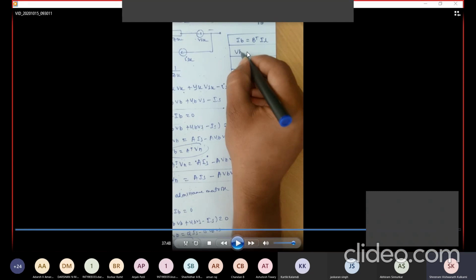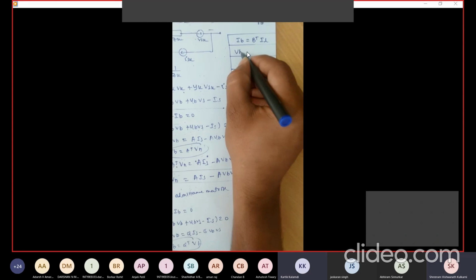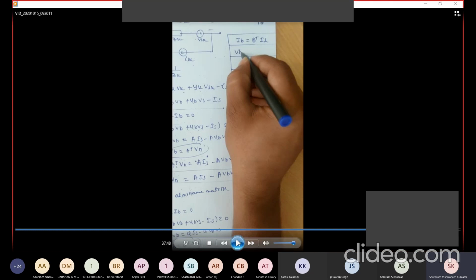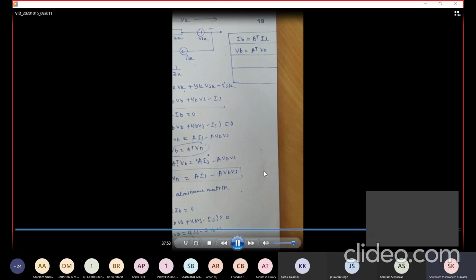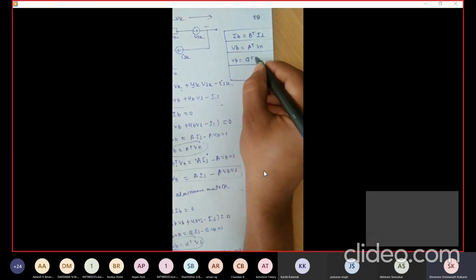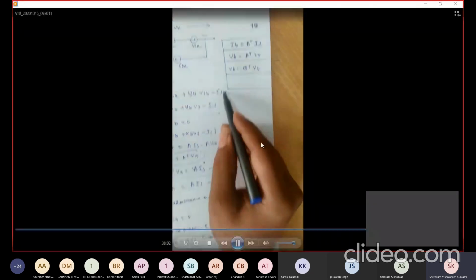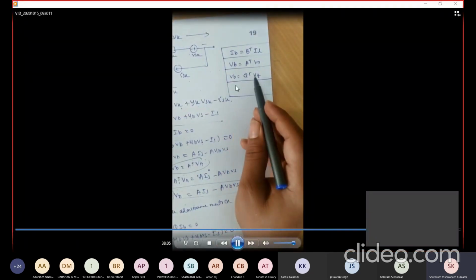Then Vb equals A transpose Vn, in terms of Vn. Then Vb equals Q transpose Vt. These three things we need to remember.